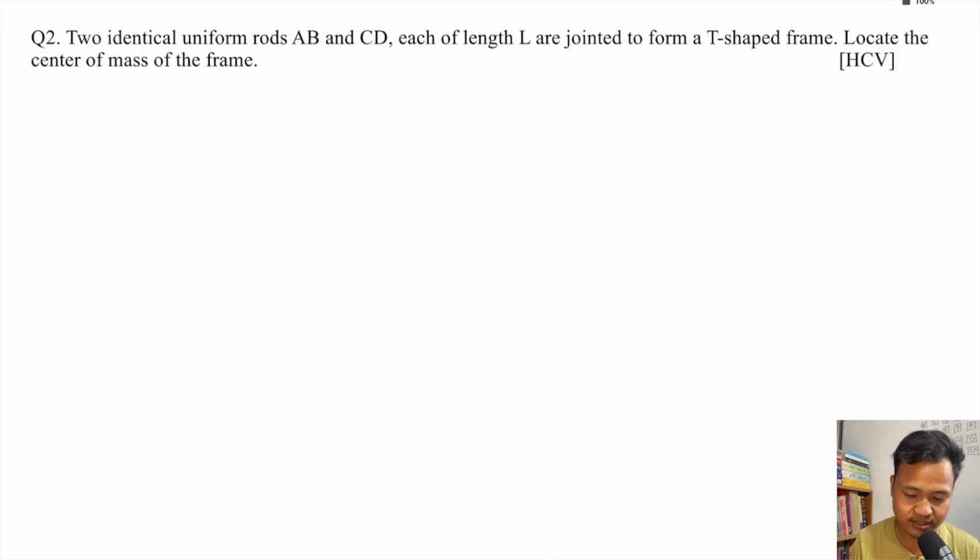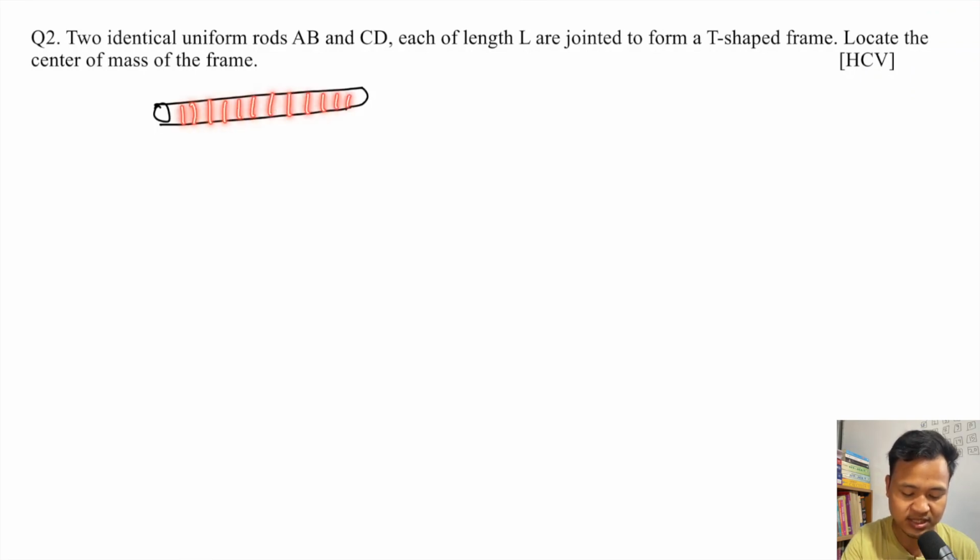Next, two identical rods AB and CD, each of length L, are joined to form a T-shaped frame. So locate the center of mass of the rod. For example, take the rod. If the rod is uniform, the mass is evenly distributed throughout the whole rod.